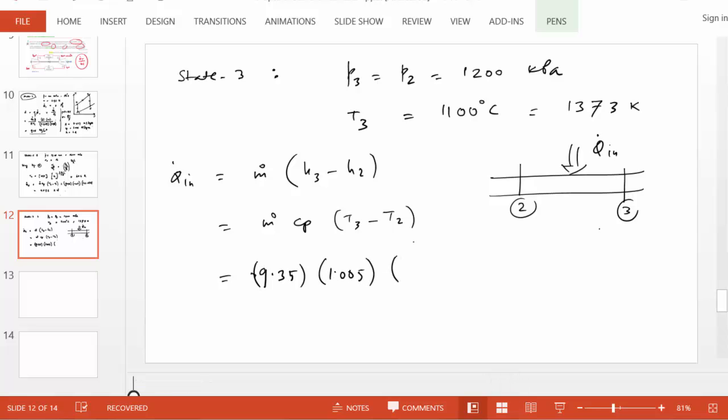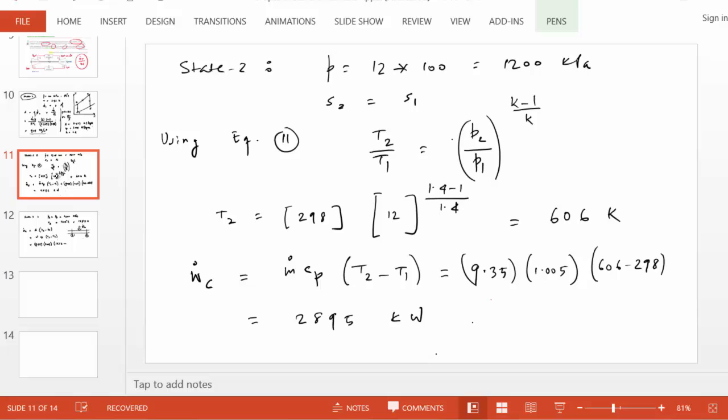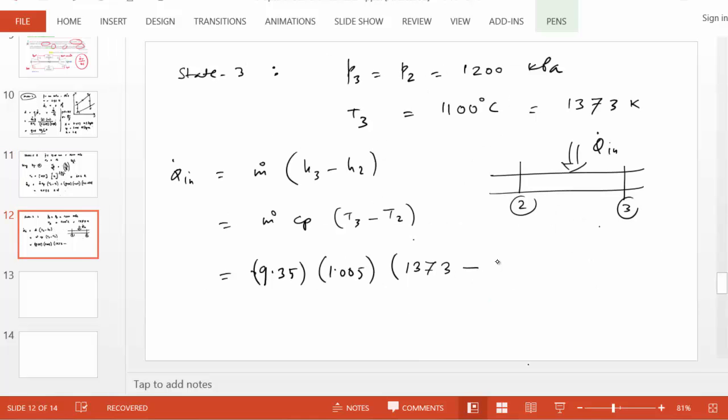T3 is 1373. And T2, we calculated already, 606. Oops, lost the pen again. And Q dot in turns out to be 7206.